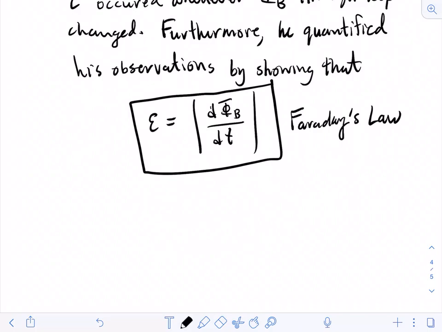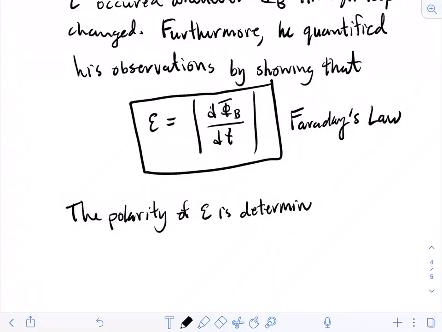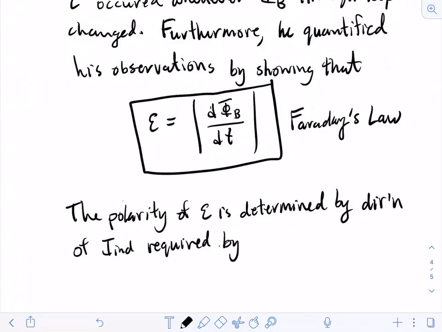We're not saying anything about the polarity of that EMF, so which side is positive and which side is negative. The polarity of this EMF is determined by the direction of I induced required by Lenz's law.